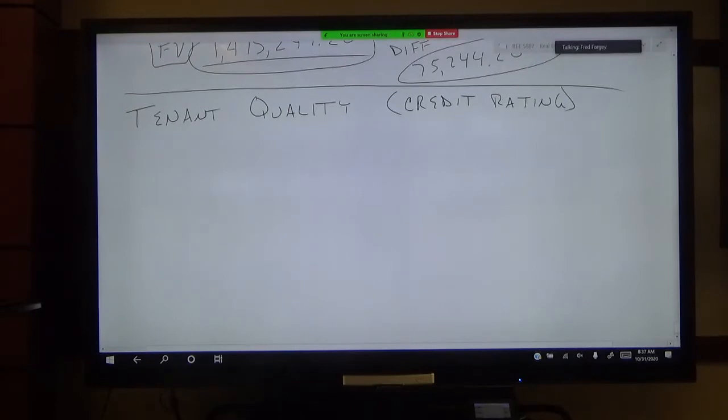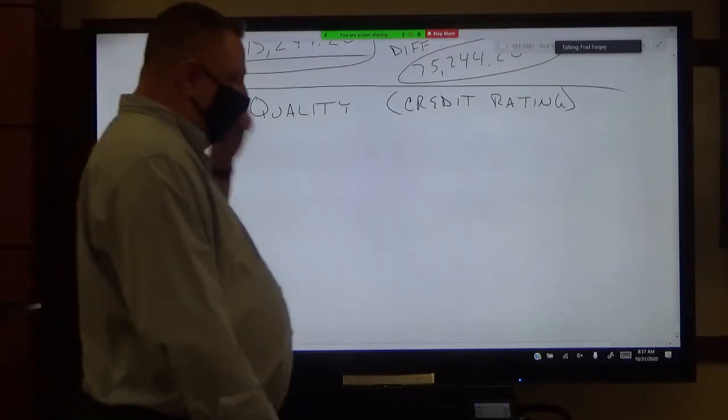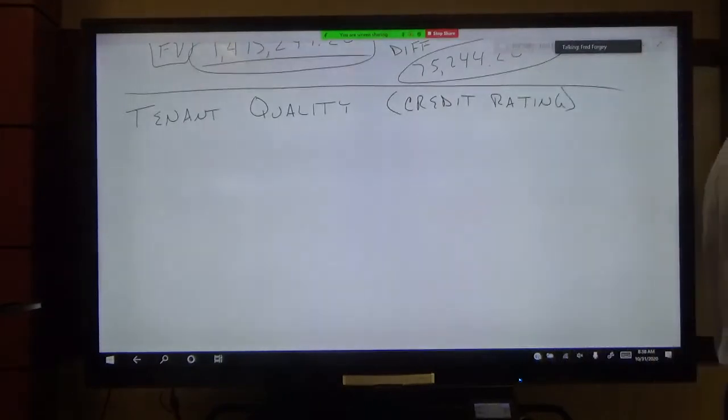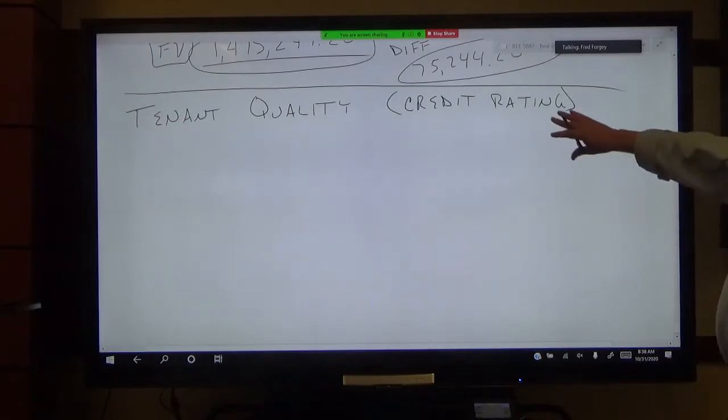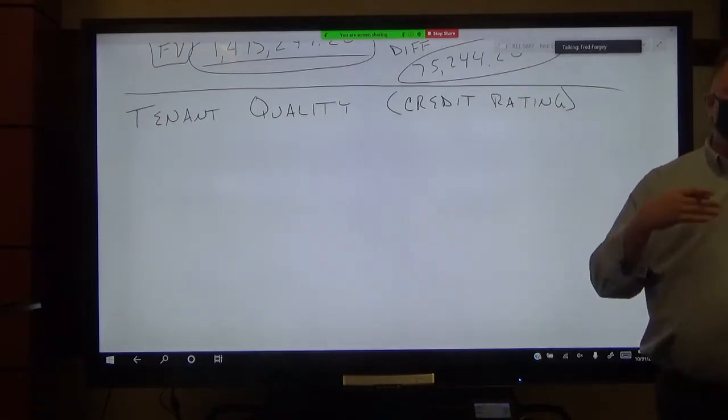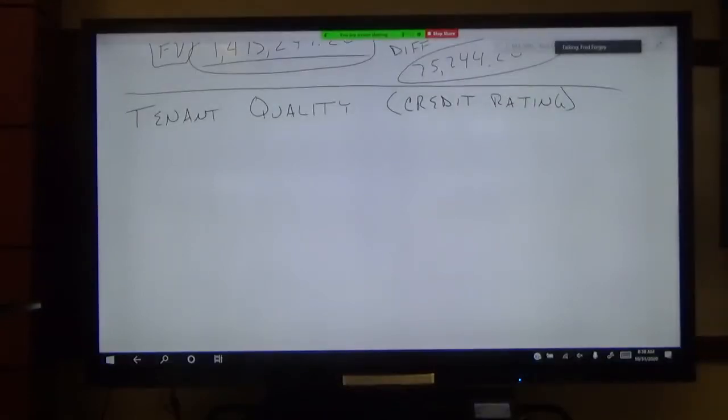Now, this can be true for residential tenants, but what we're really trying to focus on are commercial tenants, whether they be office tenants, retail tenants, industrial tenants, whatever it might be. How do we try to account for or deal with differences in tenant quality?